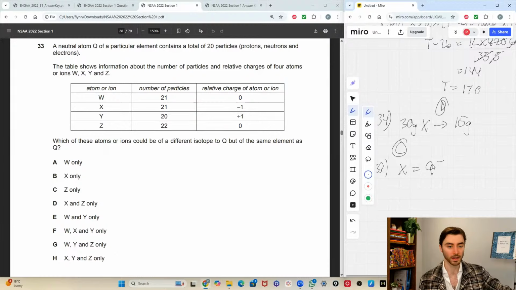But that's an ion. That's not a different isotope. That's the same isotope, but as an ion. So it's not that. W, you can just give it a neutron. So that's possible. Y, you can make it lose an electron and gain a proton, so a neutron. So that's possible. And Z is gaining 2 neutrons. So yeah, X, Y, Z, which is H, is what I'm going for. Okay, split.